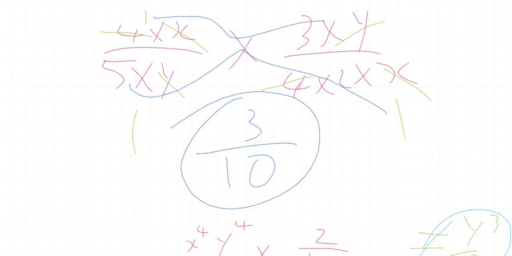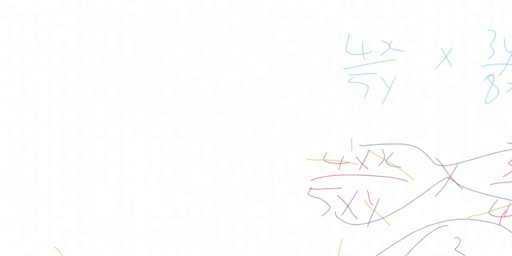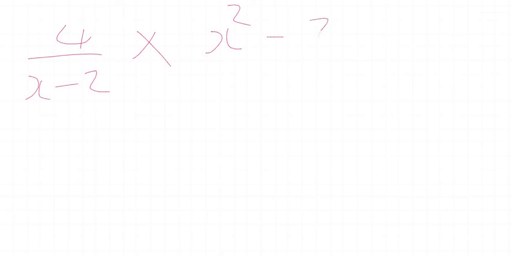Let's look at this one. Say we have 4 divided by x minus 2, times x squared minus 2x, all divided by 8. Now in a case like this, we could do some factorization and break up the terms.